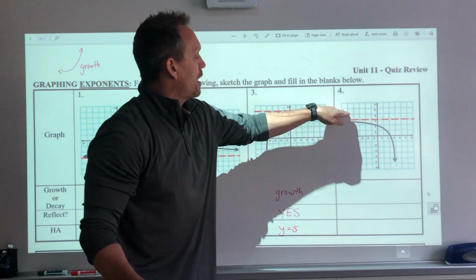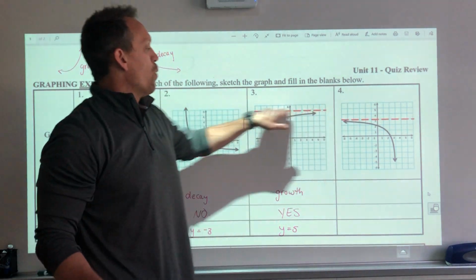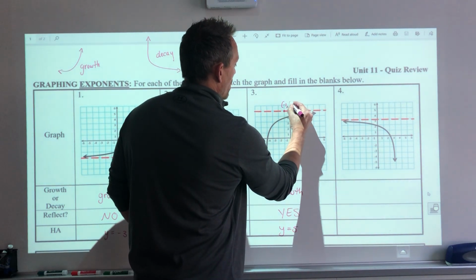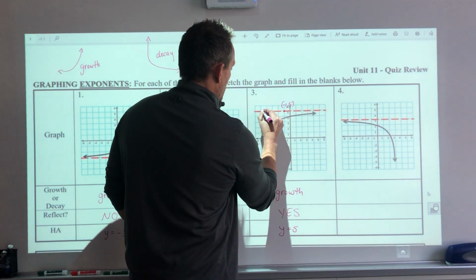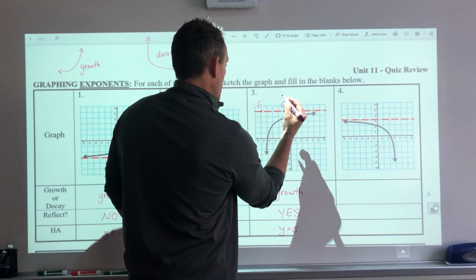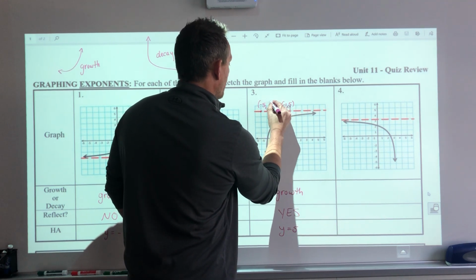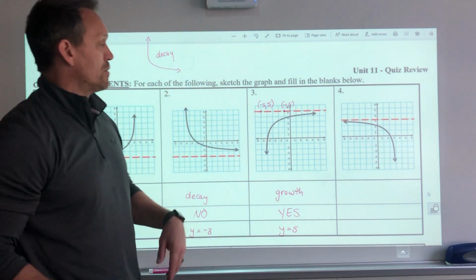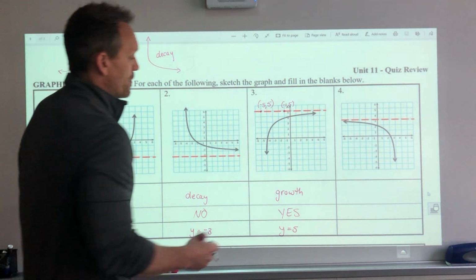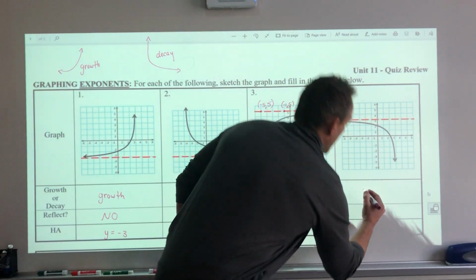Again, for each point on that line, y equals 5. So for instance, this point here is at -1, 5. This point here is at -5, 5. And you'll see each one of those is y equal to 5. x changes, but y stays the same. This one here is a decay function.